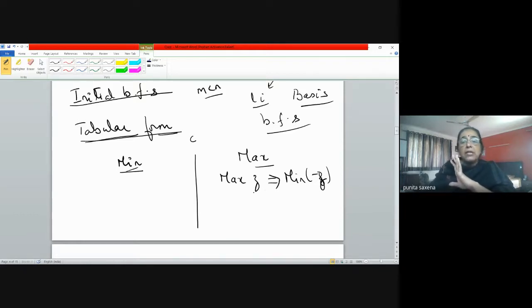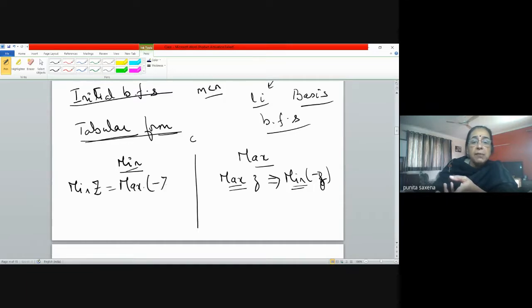So converting a maximization problem into a minimization problem is not a big deal. Similarly, if I have to minimize capital Z, then this is the same as maximizing minus capital Z. So shifting between minimization and maximization, as far as the objective function is concerned, is not a big deal, because we just have to attach a negative sign.